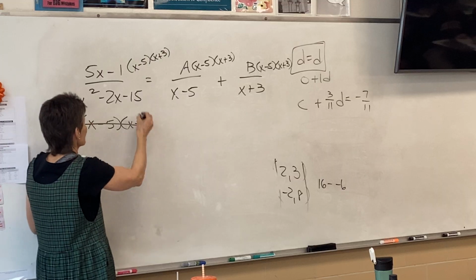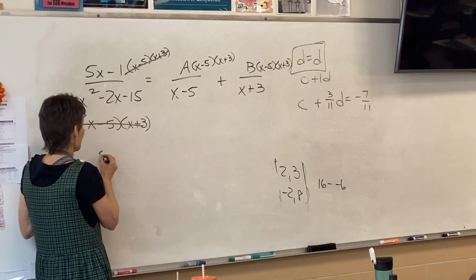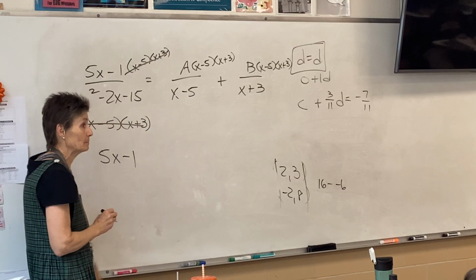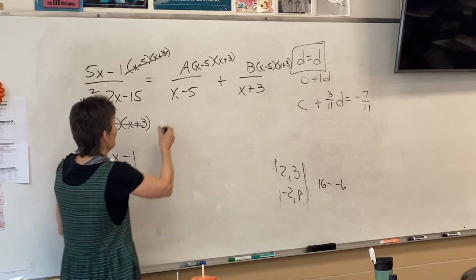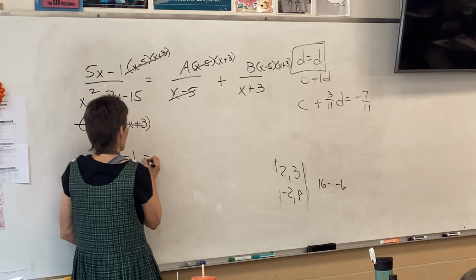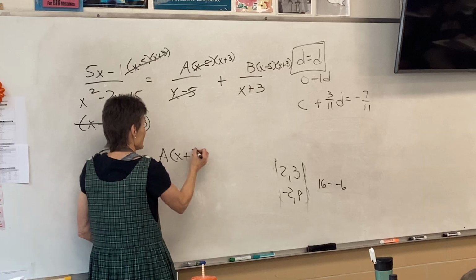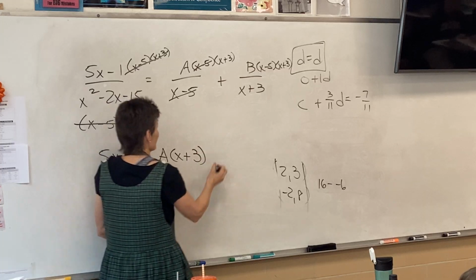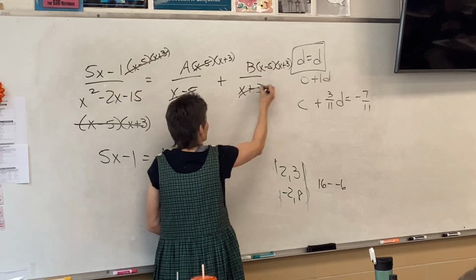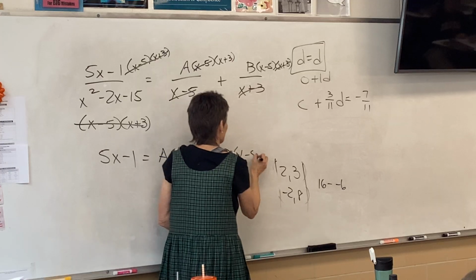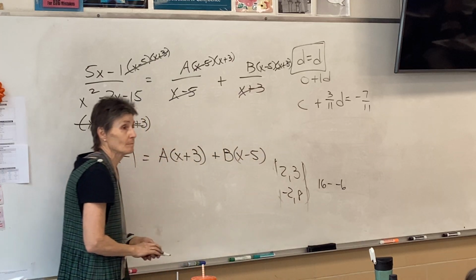This is gonna cancel totally, leaving me with 5x minus 1 equals a times x plus 3 and b times x minus 5.